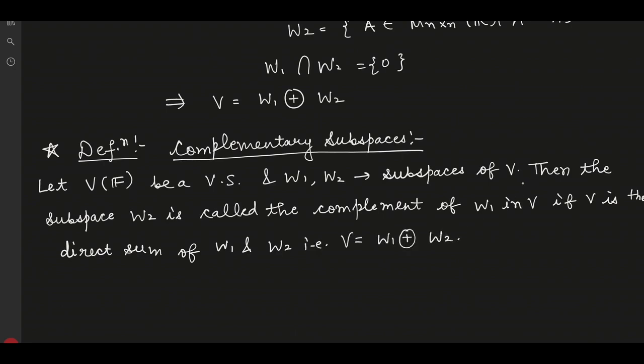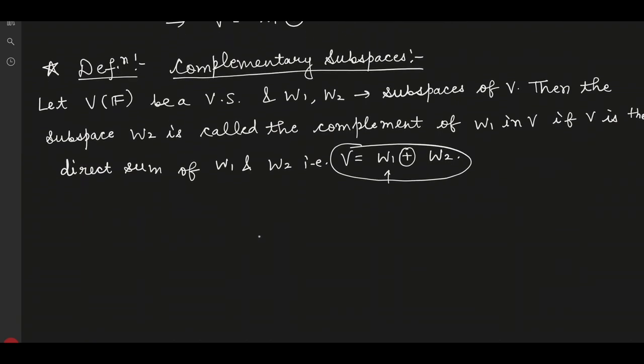Means if V is a vector space, W1 and W2 are two subspaces, and if I am writing this direct sum, then one subspace is a complement of the other. So this is the definition of complementary subspaces.